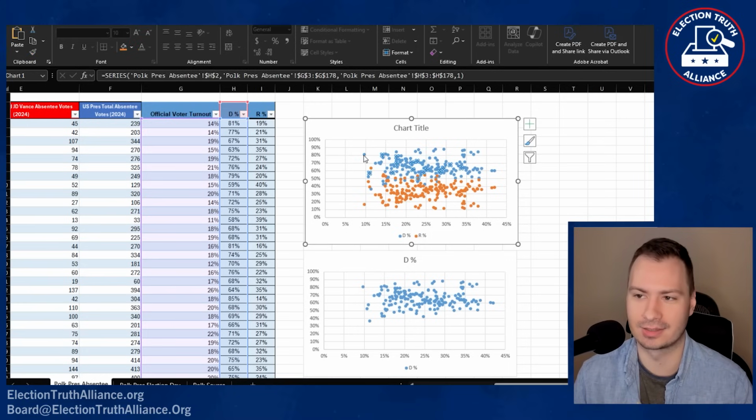Each of these dots, there is 2 dots. There is a red, or in this case, an orange, and a blue dot per precinct. And that's what it's showing, as we're seeing here. At this precinct where there was only 10% turnout, the Democrats got 80% of the votes, and the Republicans got somewhere around 18, 19%, 17%.